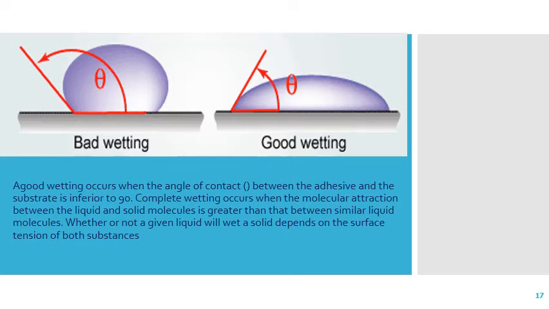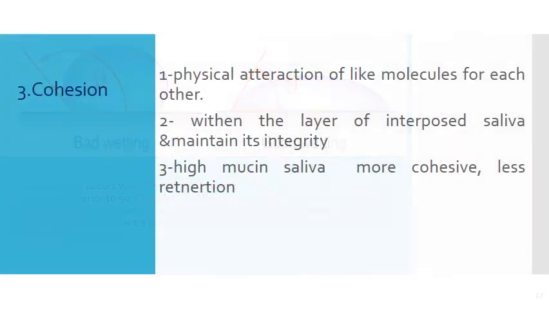Good wetting occurs when the angle of contact between the adhesive and substrate is less than 90 degrees. Complete wetting occurs when the molecular attraction between the liquid and solid molecules is greater than that between similar liquid molecules. Whether or not a given liquid will wet a solid depends on the surface tensions of both substances.